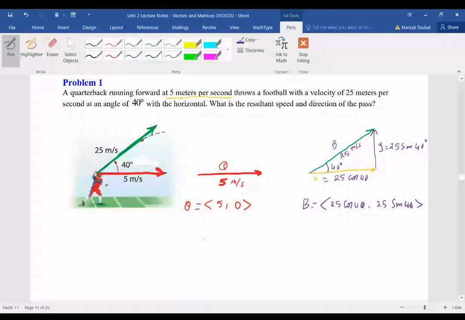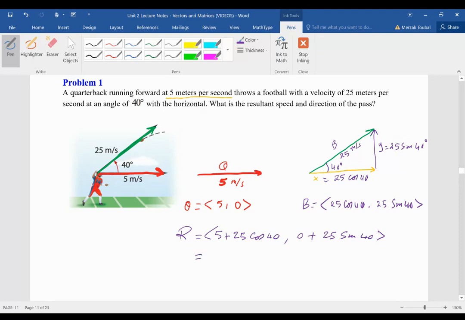So the resulting vector R is the sum of these two vectors. So R would be 5 plus 25 cosine 40, comma, 0 plus 25 sine 40.